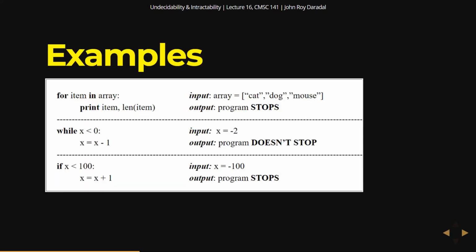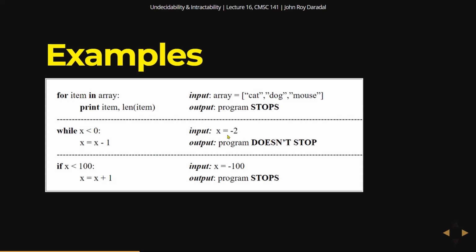So let me show you some examples. Let's say that this is your program, a basic for loop, which prints the items in the array. If you're given this input, the program will stop because you only have 3 items in the array, so it's finite. You can just print these 3 items and it will be done after 3 iterations, right? Now how about this one? While x is less than 0, x is equal to x minus 1. So you're subtracting from x.